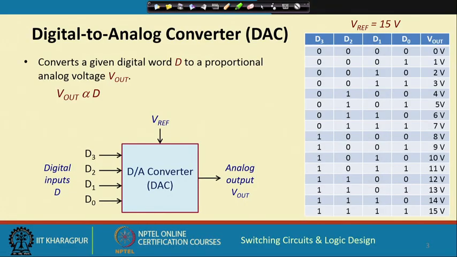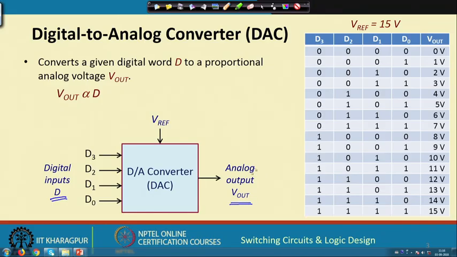So, what is a digital to analog converter? Let us try to understand this first. Broadly speaking, it is a building block which takes a digital data D as input and generates a voltage Vout as output.